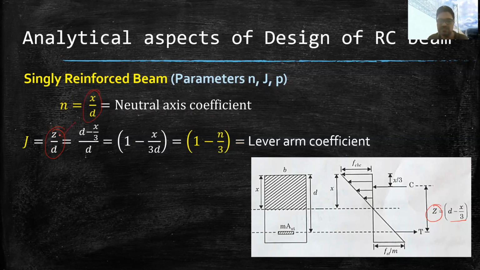If we put the value of z here and d is there, after solving this becomes 1 minus x by 3d, and now we can see this x by d is basically the n value. So this becomes 1 minus n by 3. This is called the lever arm coefficient.